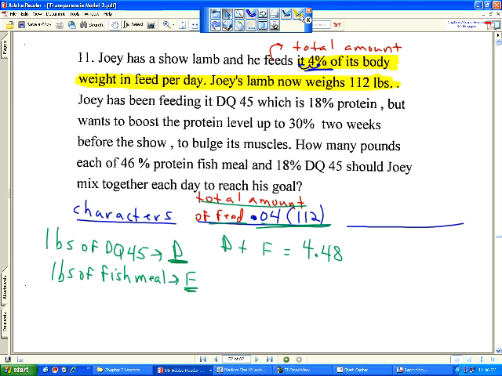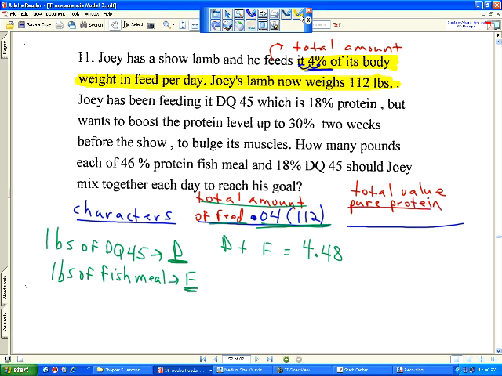Now, not only do we want to get the pounds of feed right, we want to get the protein content right. That's my total value, right? So I've got to get the total value correct. And my total value is not measured in dollars and cents. It's measured in pure protein.